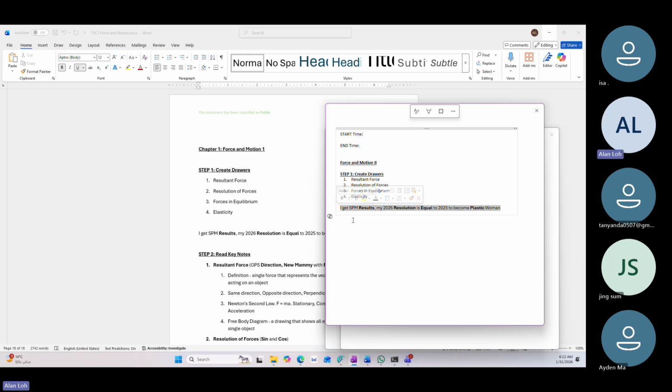If you think you have a better story, by all means, create it by yourself. But for this case, let's follow this story. The purpose of this story, like I say, is to help you remember the names of the drawers in sequence. So I hope you can jot down this story, because this is the anchoring point of the brain.